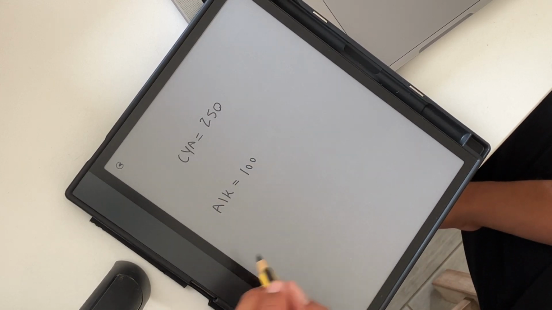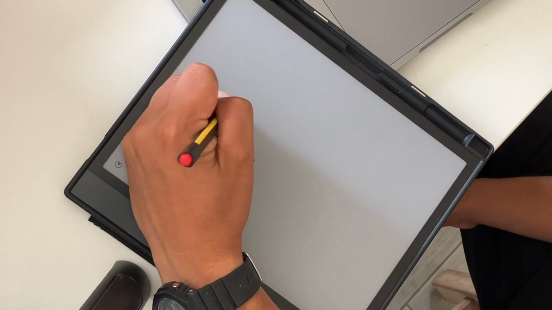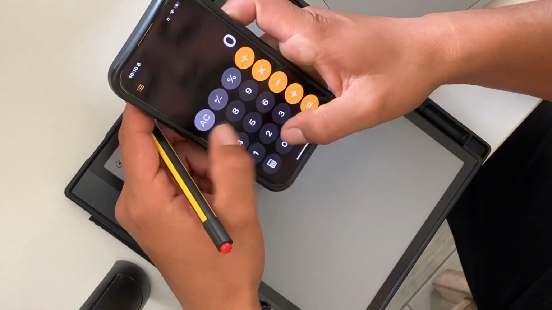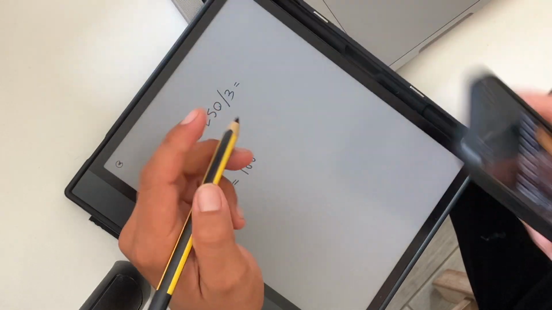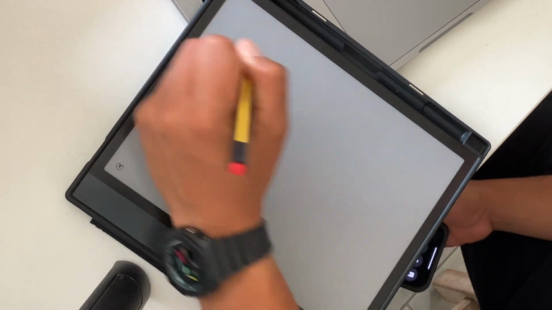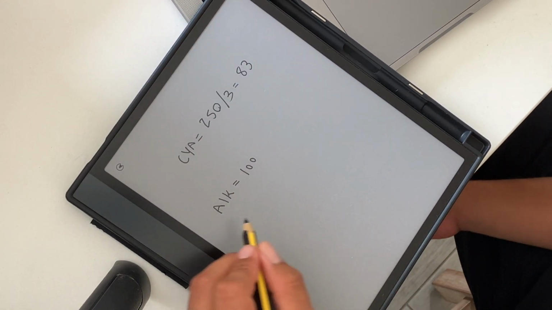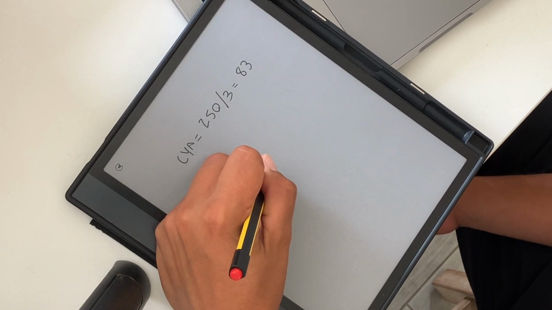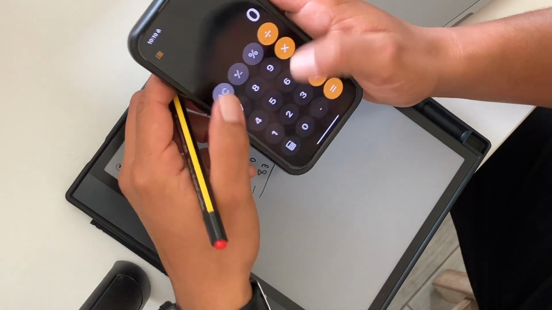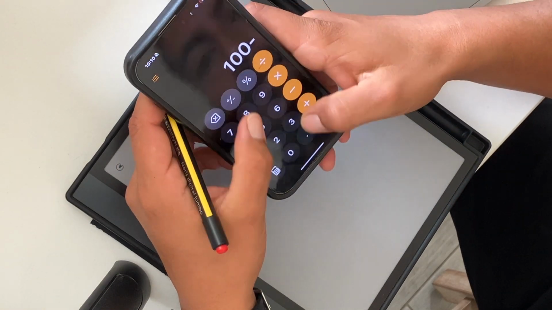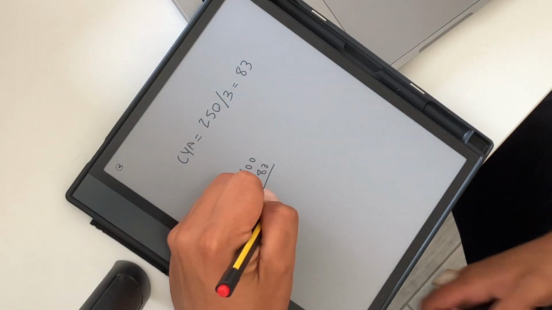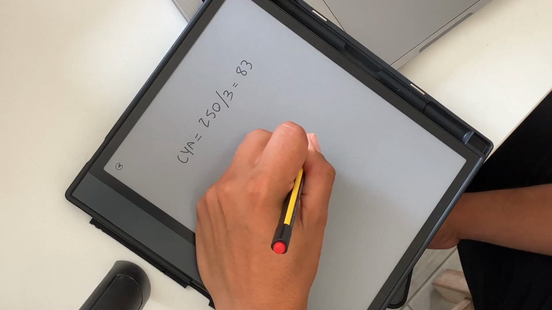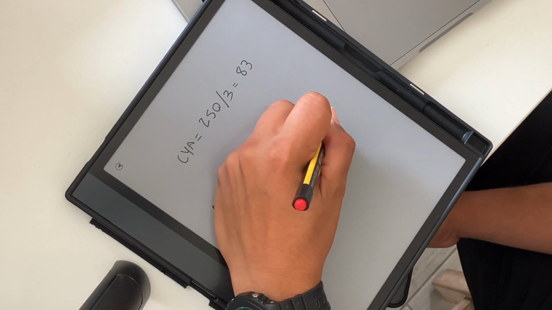Our CYA, once again, is 250. So if we divide by 3, 250 divided by 3 gives us a number of 83. Now we can take our alkalinity and subtract 83 from it. If we take 100, our alkalinity, and subtract the 83 from it, we get 17 for our adjusted alkalinity.